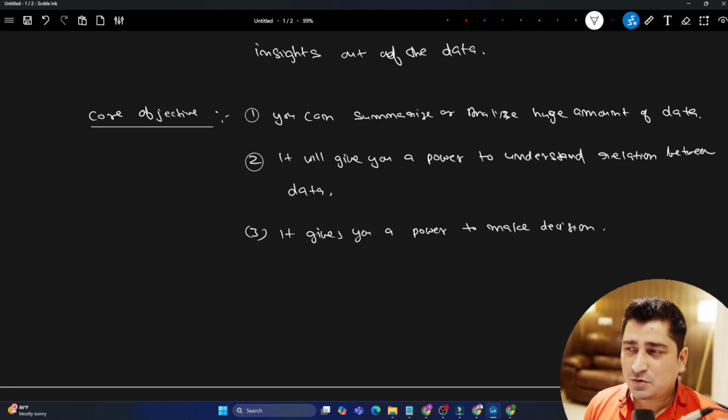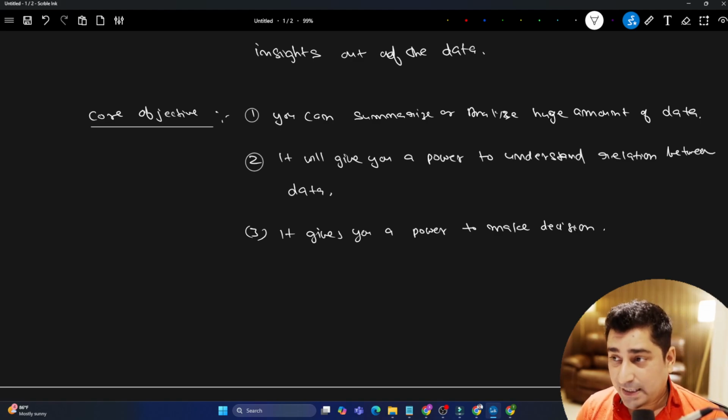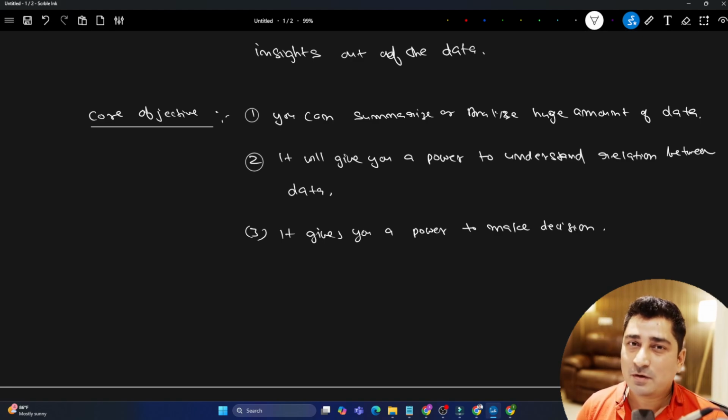So this is going to be the fundamental objective that you will find if you learn statistics, and the exact same thing you will be able to apply with respect to data science or any other domain. Because at the end of the day, as a data scientist, as an AI person, you have to deal with data. This is where your day is going to start, and with data, your day is going to end.